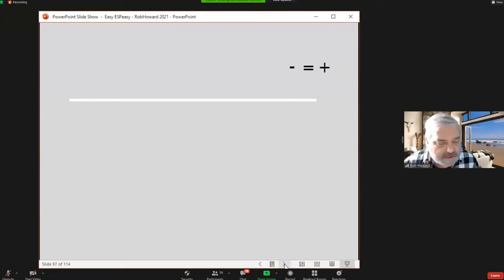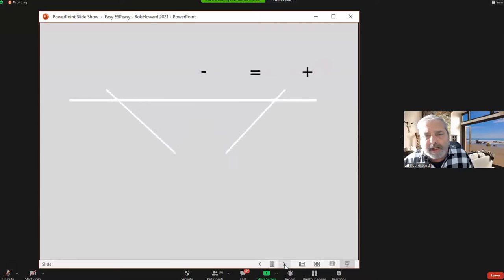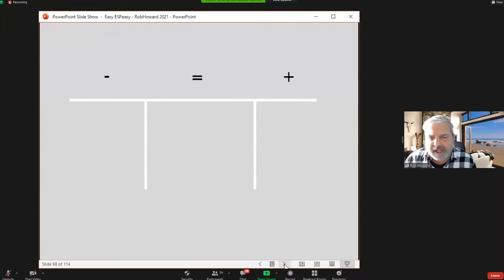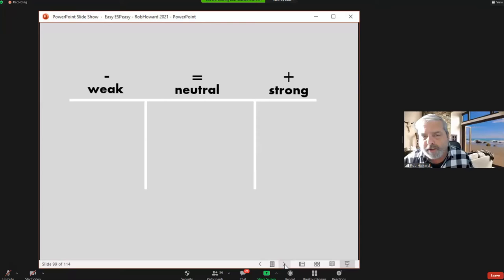Here's another thing that I've been doing lately, because I've been working with a lot of project managers and customer service people and salespeople. I call this minus, equals, and plus. Have them make a little graph, a little chart like this. And we're going to go for a weak word, a strong word, and then a neutral word.